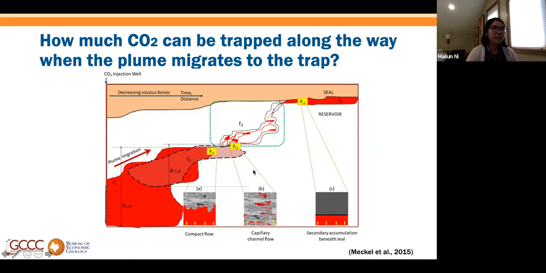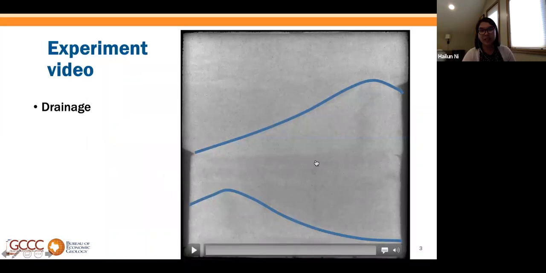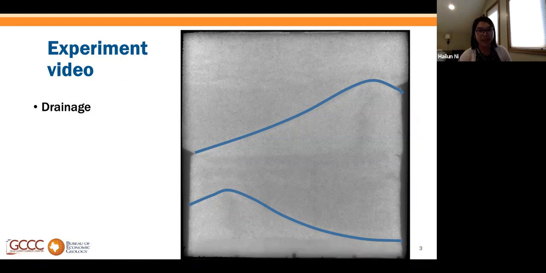In order to better quantify how different degrees and types of small scale capillary heterogeneity affect CO2 flow and trapping in this particular flow regime, we conduct quasi 2D intermediate scale beadpack experiments. One major advantage of conducting such experiments is that we have full control over the degree and also the type of capillary heterogeneity that we can build into this sand tank or beadpack.